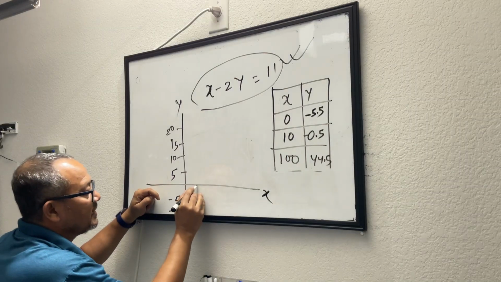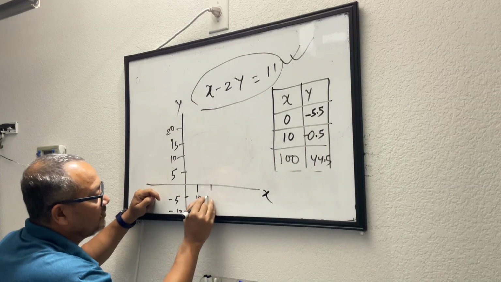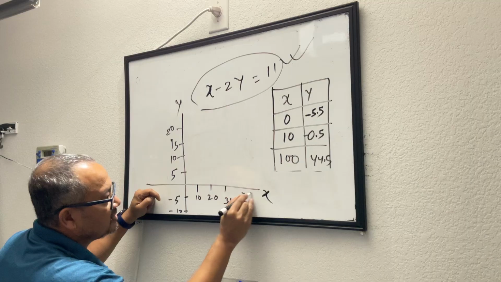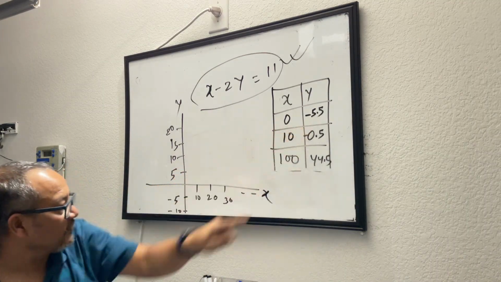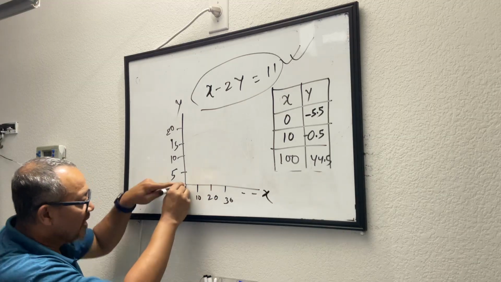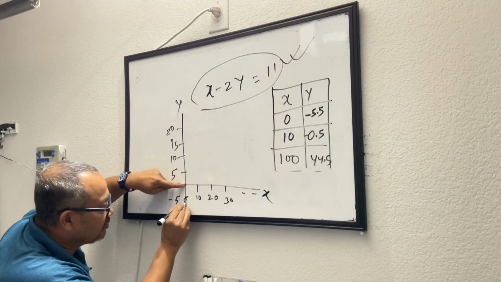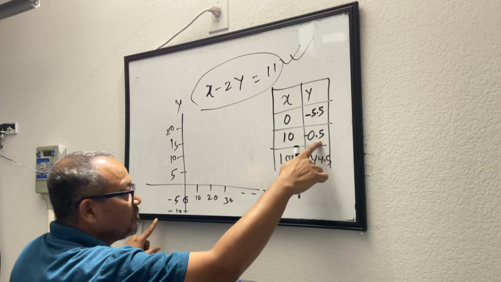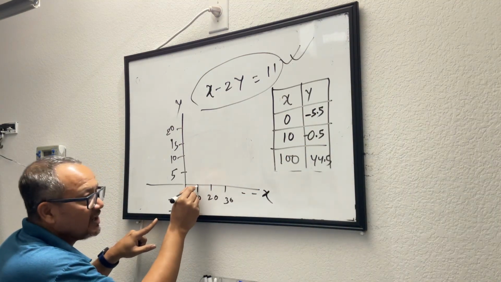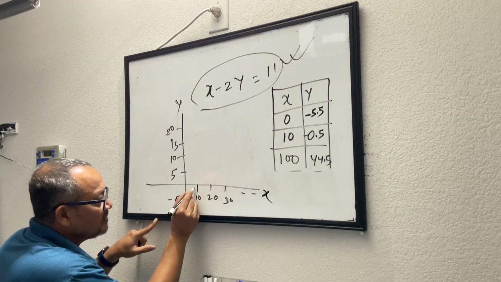Here I have 10, 20, 30, goes on. Okay. Now, when x is 0, y is minus 5.5. I'm talking about some point here. When x is 10, y is minus 0.5. Maybe somewhere here, this point maybe.